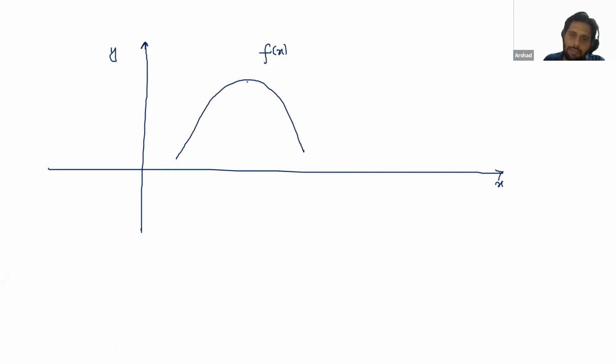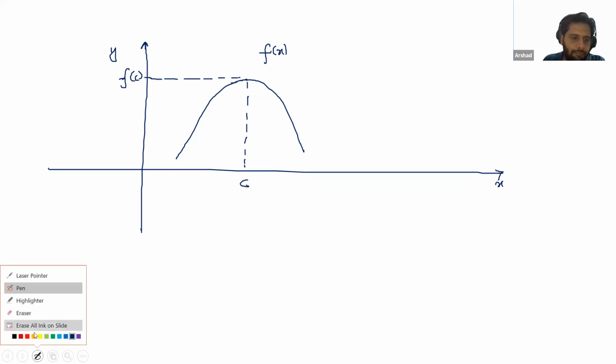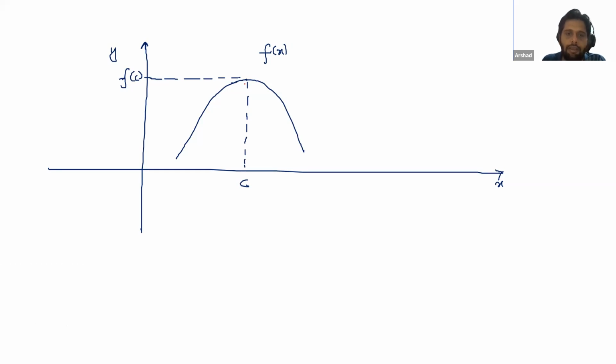Let this be a point C on the x-axis. For this C, you have the value of the function f(C). If you see the neighboring points of this point C, this is the point C, and this is the value of the function f(C).